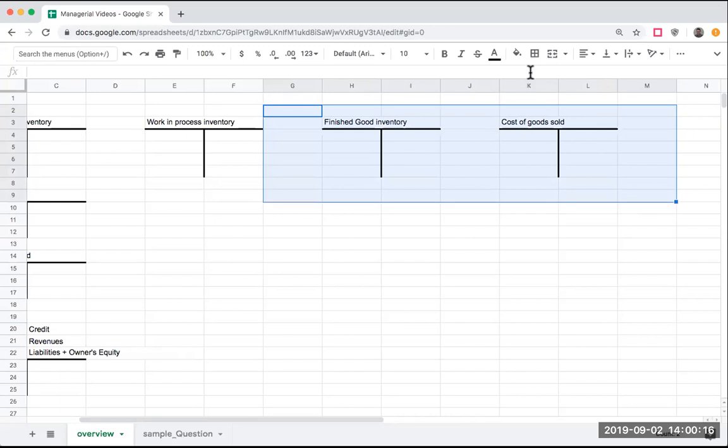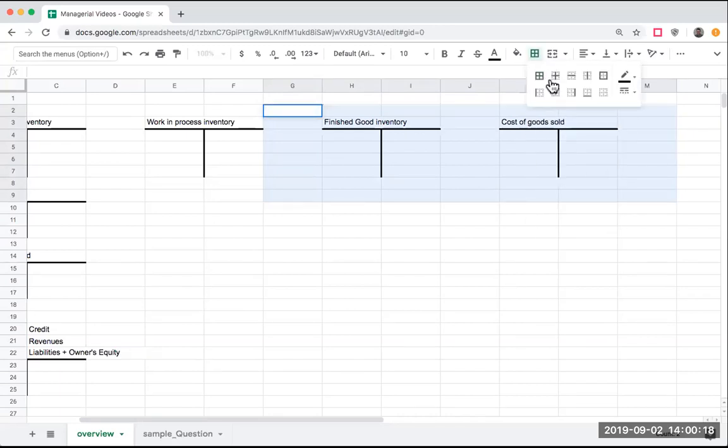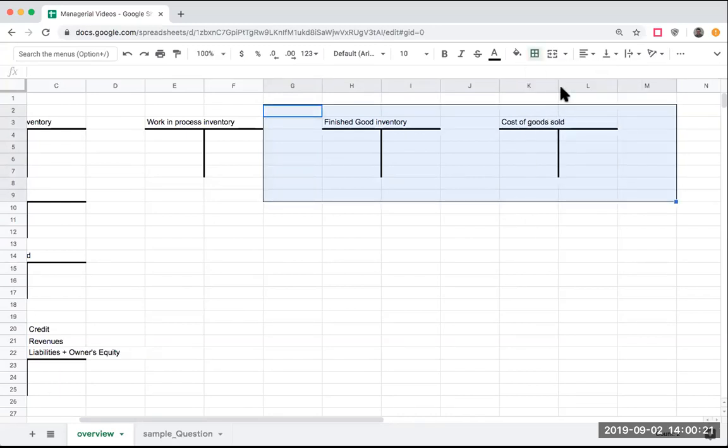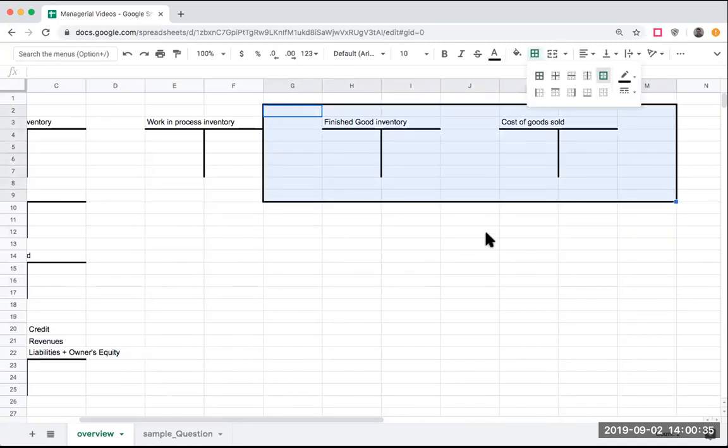So when we were dealing with financial accounting, when we were looking at inventory, typically we would see something along the lines of, oh, I'm selling a product right here.